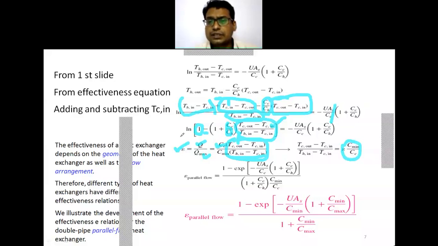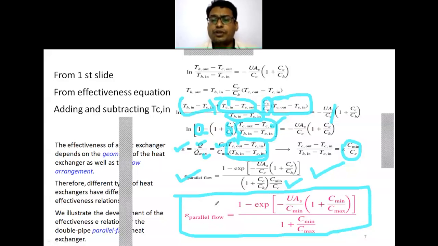After simplification, you will get the effectiveness for the parallel flow as 1 minus e raised to minus UAS upon Cc into bracket 1 plus Cc upon Ch, upon 1 plus Cc upon Ch into C minimum upon Cc. This is the final equation you will get.